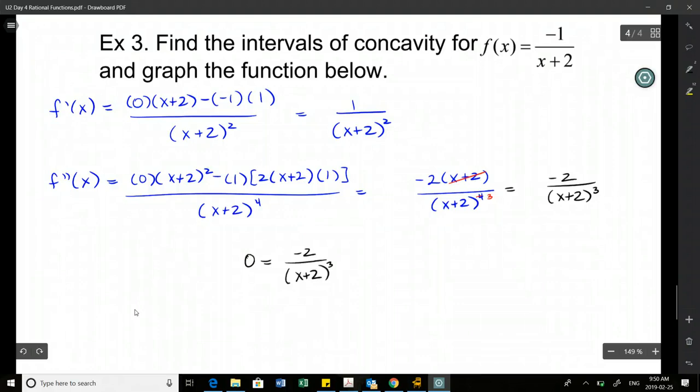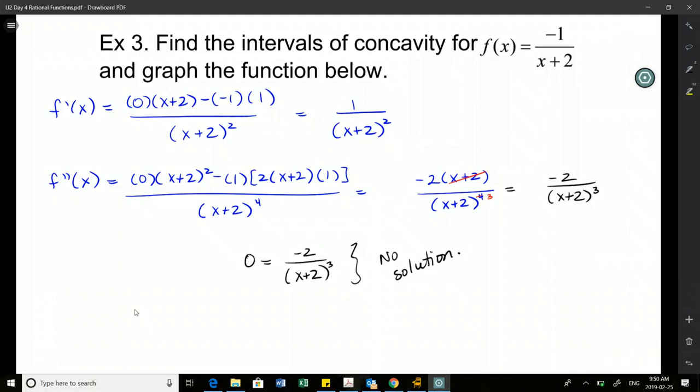Is this function ever going to equal 0? At -2, I get undefined, right? So the second derivative is actually equal to 0 nowhere, okay? This has no solution.